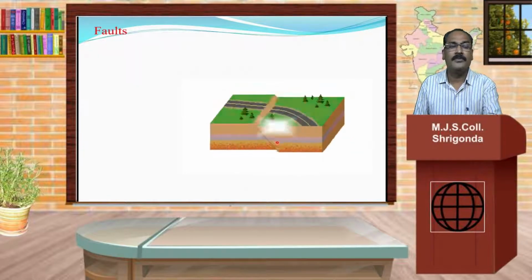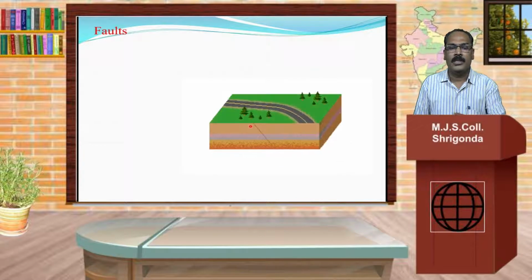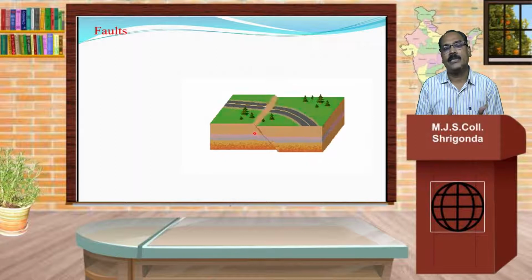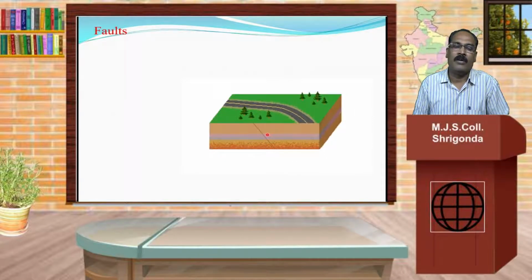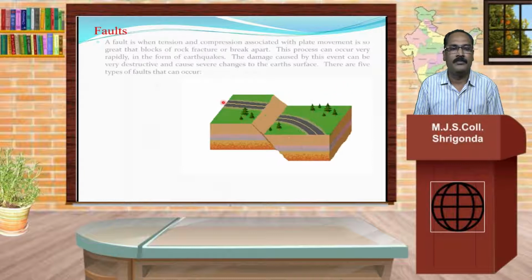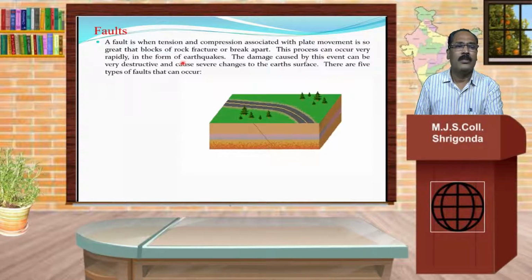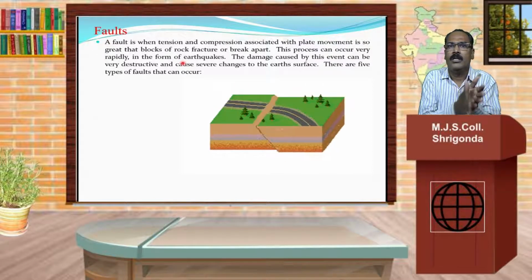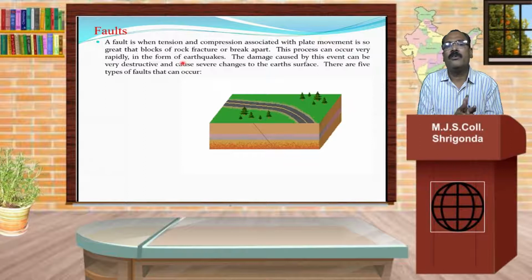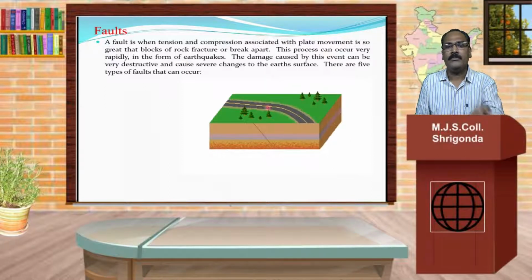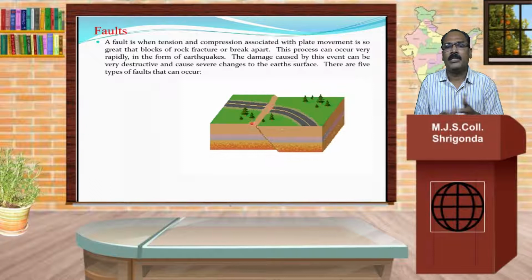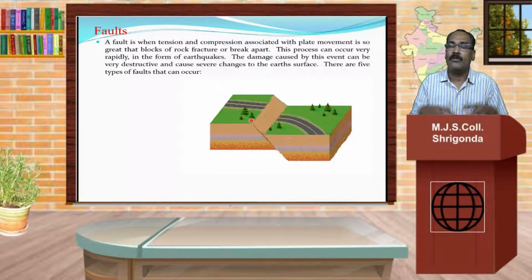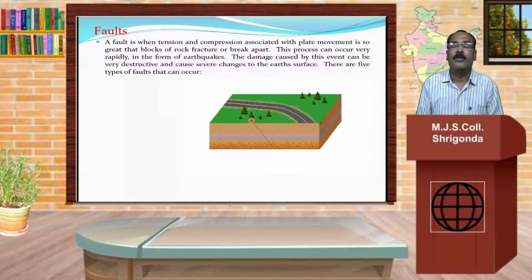Okay, now faults. This is the animation of faults. The rocks crack and the rocks diverge from one place to another. A fault occurs when tension and compression associated with the plates' movement are so great that the rock fractures or breaks apart.